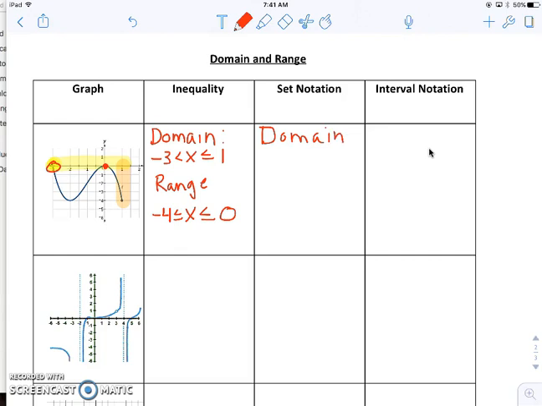In set notation, we're using the brackets, and we're going to say x such that, and then we use that inequality notation: -3 is less than x is less than or equal to 1. And what this takes away is we don't need to write the word domain. Our y values, our range, we can say y such that -4 is less than or equal to y is less than or equal to 0.